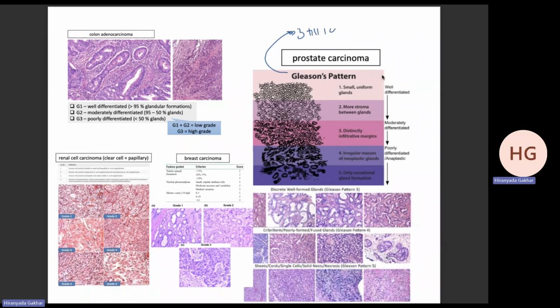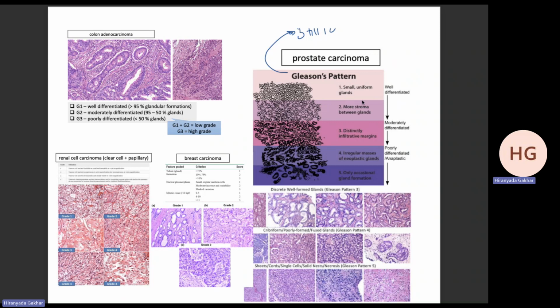Here you can see the example of the prostate carcinoma. A well differentiated one has very nicely made cells. Slowly and steadily, you come to the second stage, which is moderately differentiated, and then the poorly differentiated or anaplastic one, where there are irregular masses of neoplastic glands, or really occasional gland formation.